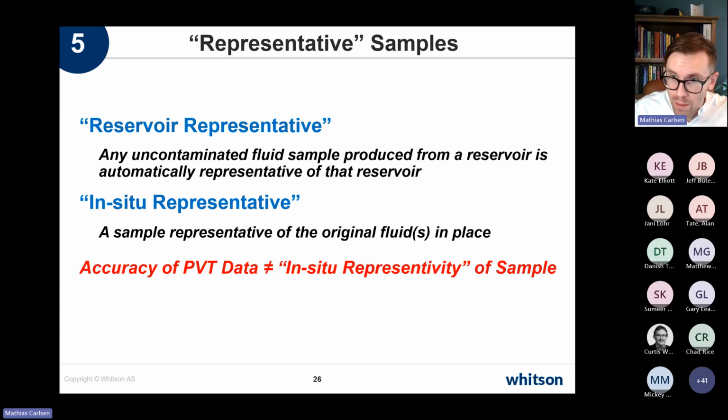And it's actually your job as an engineer, as we'll get back to once you have a fluid model, to be able to create a fluid initialization for your reservoir that makes sense.